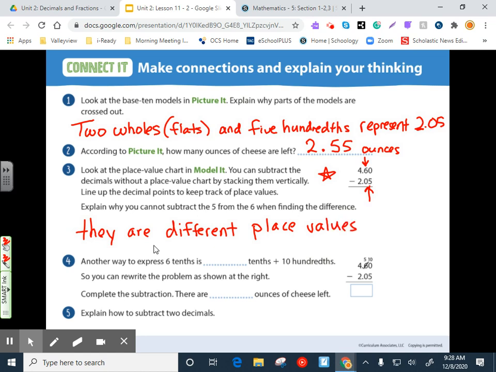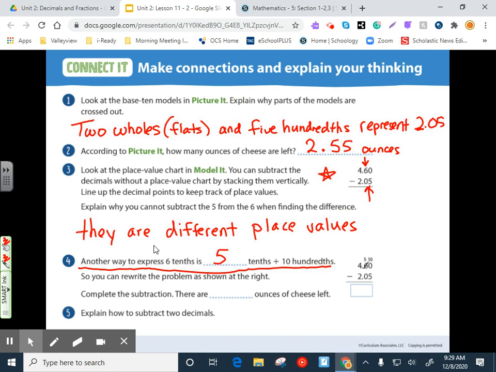Number 4, another way to express 6/10 is 5/10 plus 10 hundredths. So you can rewrite the problem as shown at the right. And what they're basically saying in this sentence is what happens when you borrow, when you have a bigger number on the bottom. Complete the subtraction.